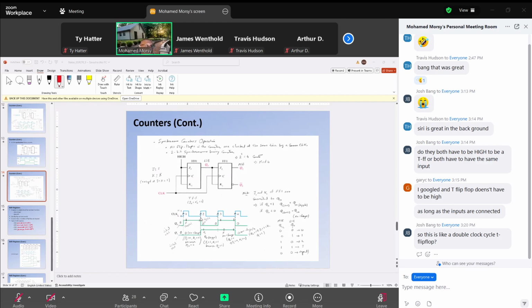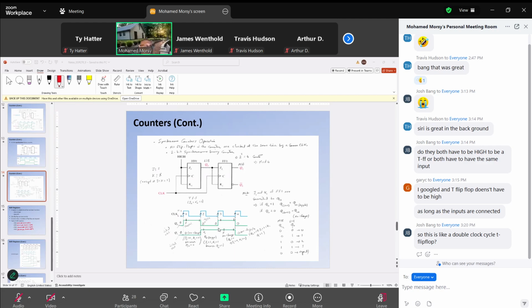Just before the edge, like T0 minus, what is Q0? It is 1. This means J1 is 1 and K1 is 1. So the output will toggle, from 0 to 1.